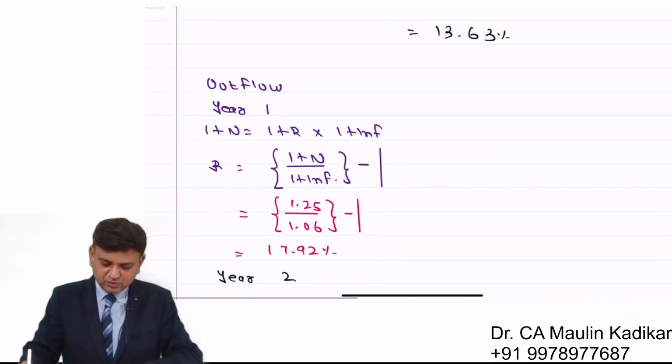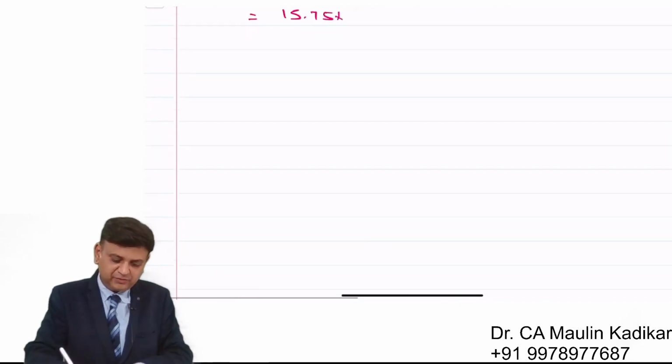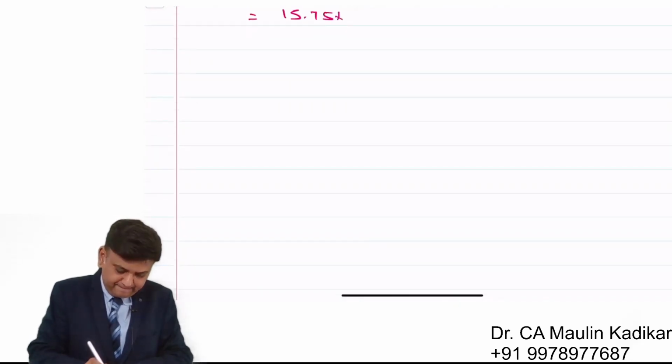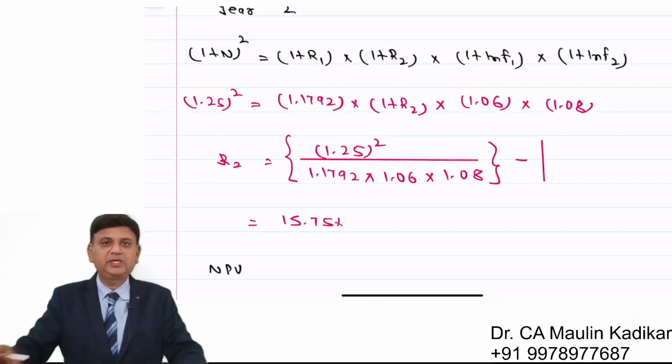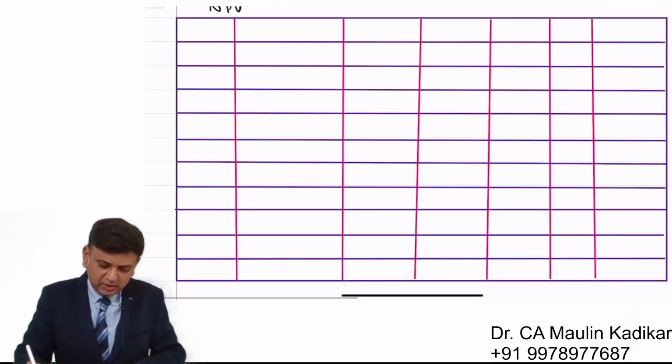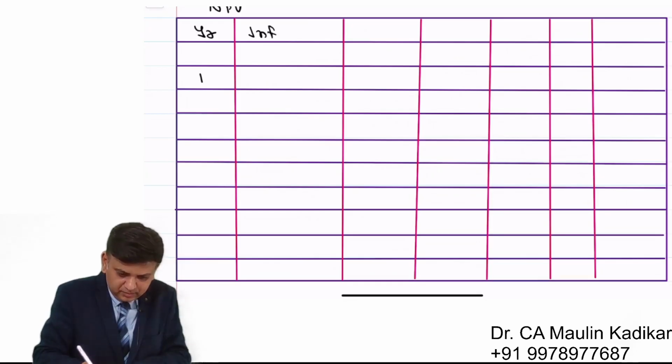Now once we make these two calculations, afterwards we'll make the calculation of NPV. I want you to calculate the NPV and put your answer in the chat box. So let us see how to calculate the NPV. Column number 1 is year 1, inflow.